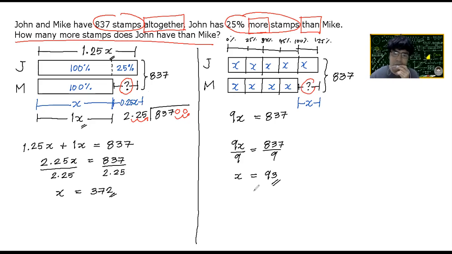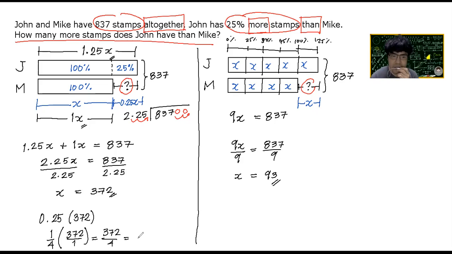Just simply multiply 0.25 by 372 or get the one-fourth of 372. So this is just also one-fourth of 372 over 1. Now, dividing 372 by 4, what will be the number?